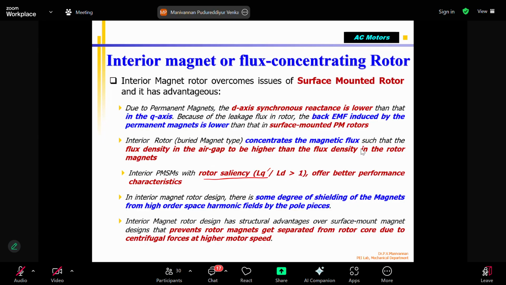If this is greater than 1, then the rotor has higher saliency and better performance. That means if LQ divided by LD is greater than 1, that kind of motor provides better performance. So you also have to note that down.